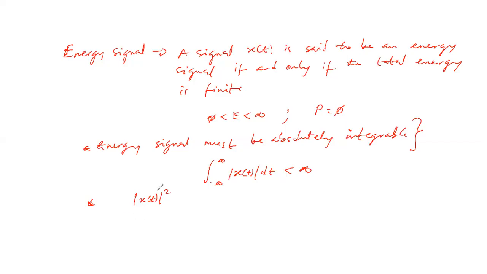And then the average power must be 0, such that P takes the limit for t tending to infinity of E over T. So as T tends to infinity, no matter the value of E, this reduces to 0.